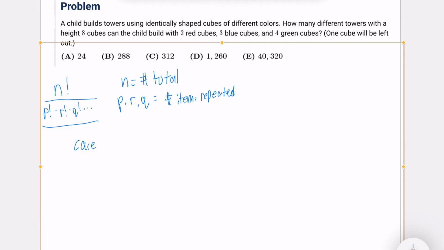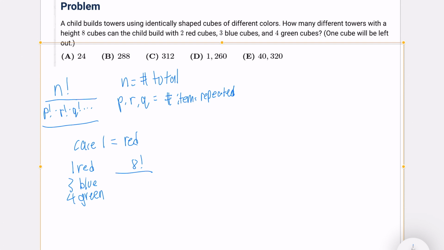Case 1. We can let case 1 be excluding the red cube. So this will give us the problem of arranging 1 red cube, 3 blue cubes, and then 4 green cubes. The number of total possible arrangements for excluding 1 red cube would be 8 factorial, because 4 plus 3 plus 1, that would be 8.